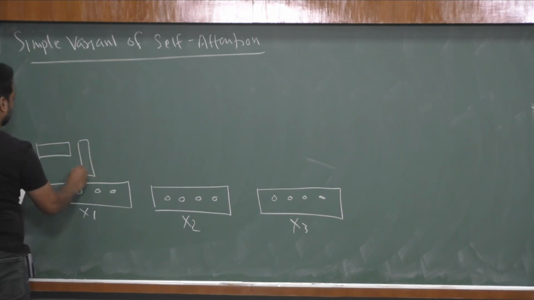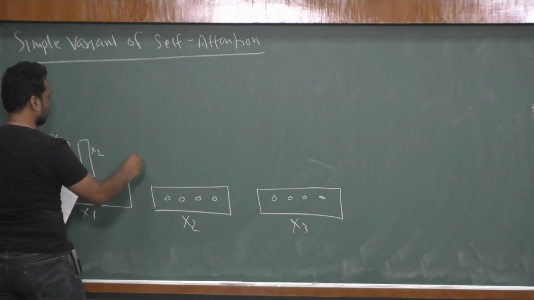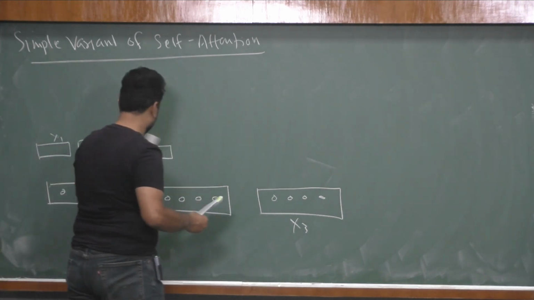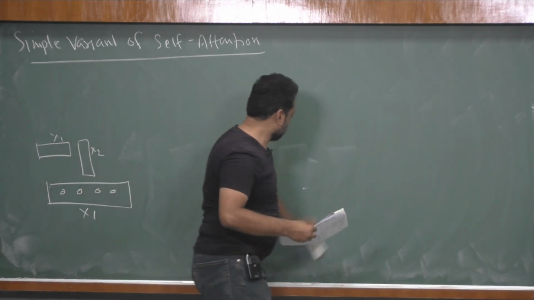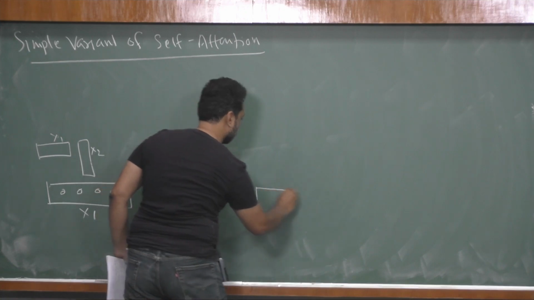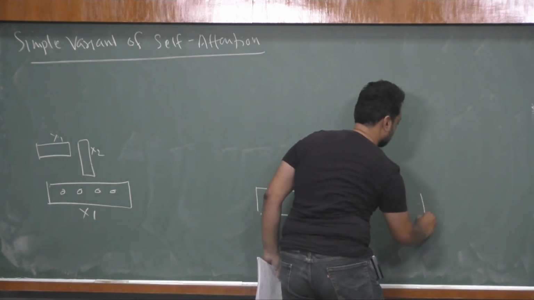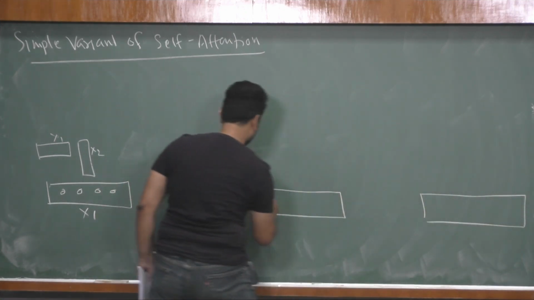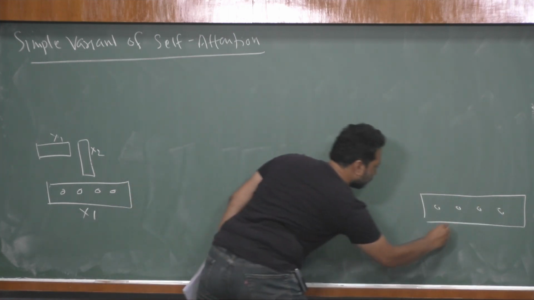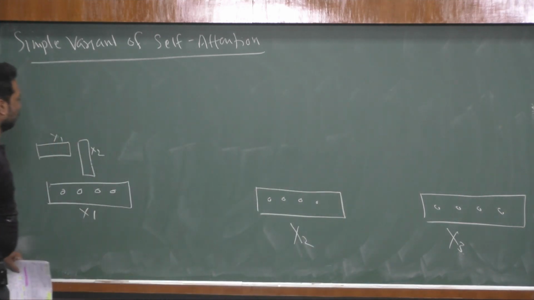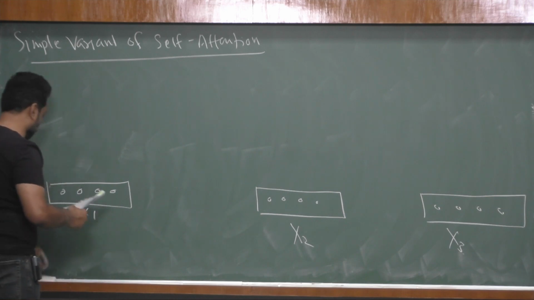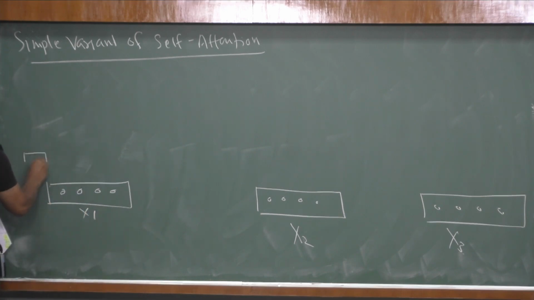By self-attention we would mean that we take the dot product of x1 with itself, then with the others. Let me draw this a little bit far apart. We do this for the first output, then I need some space for the second and for the third. So these are the three inputs we have.